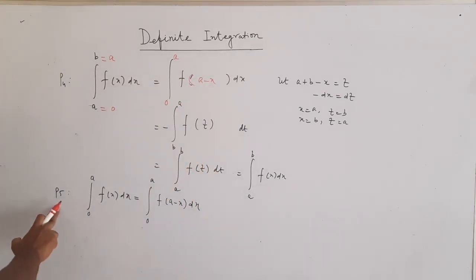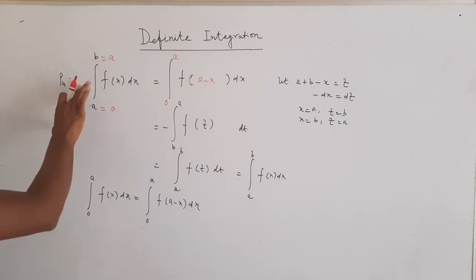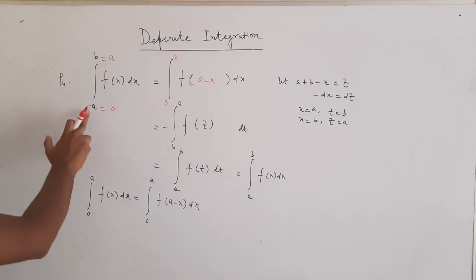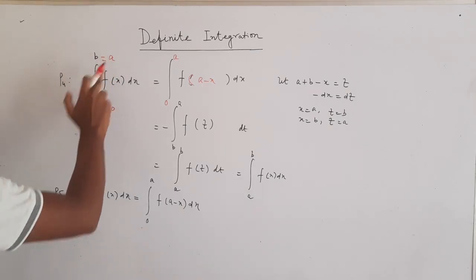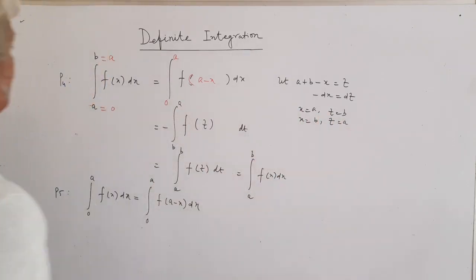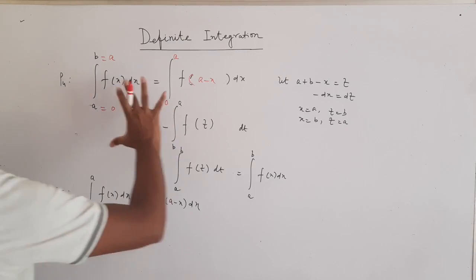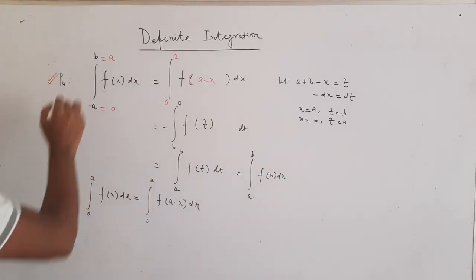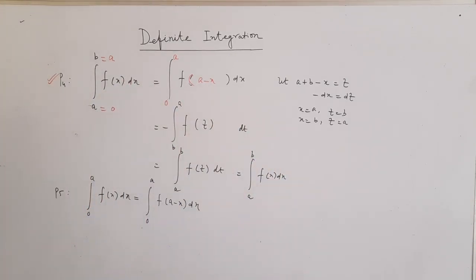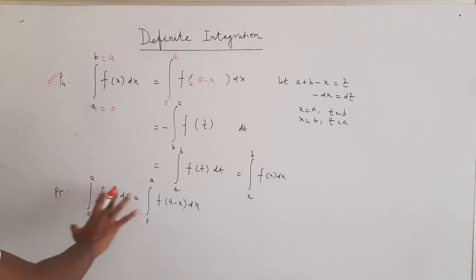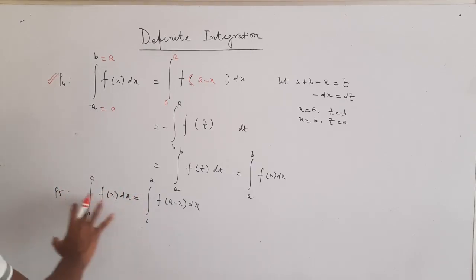So property 5 is nothing but property 4 with the condition that a becomes 0 and b becomes a. Since we have already proved property 4, we know that property 4 is true. So anything based on property 4 will also be true, and hence this property is also proven.